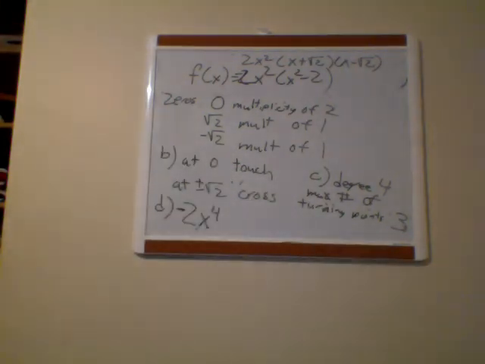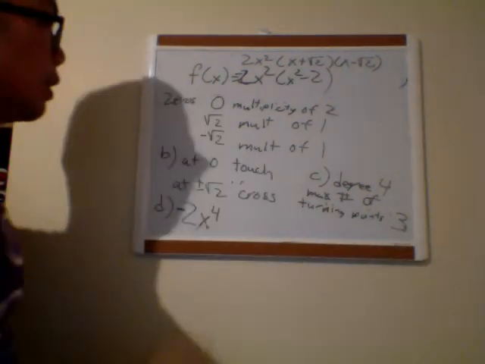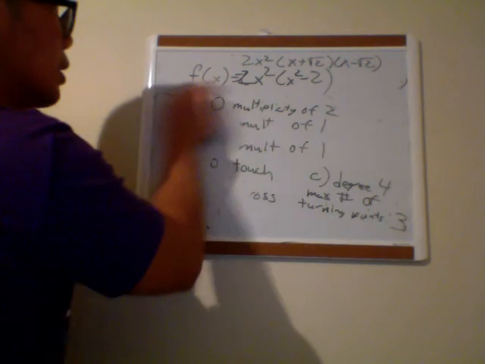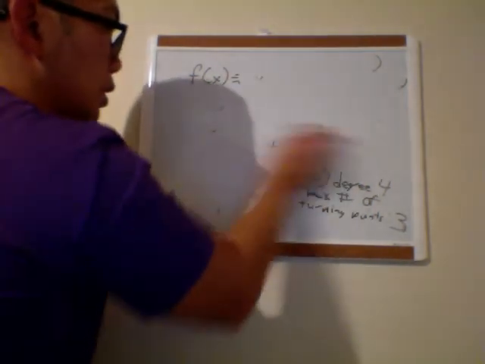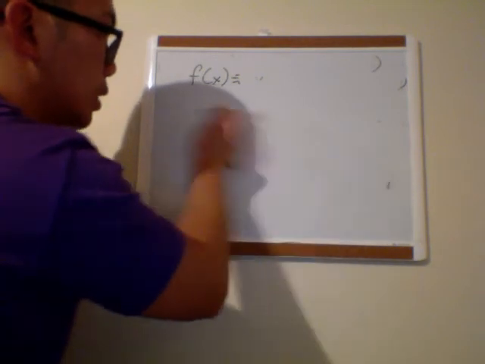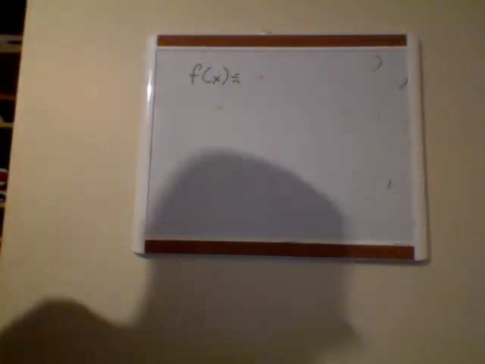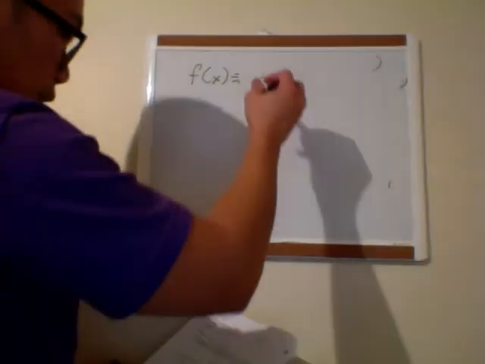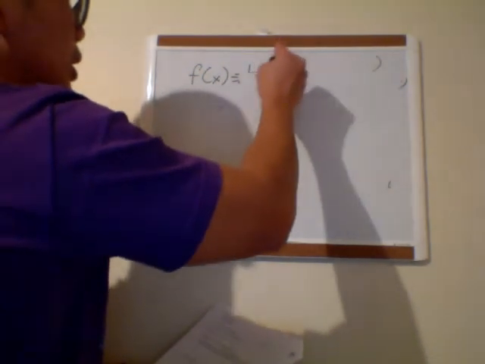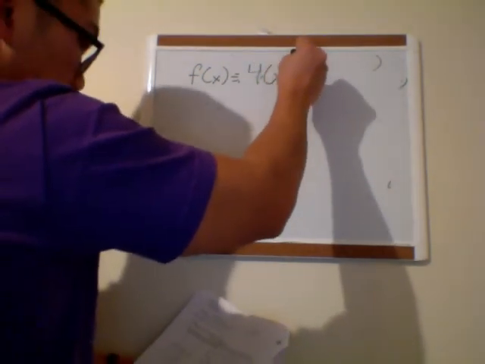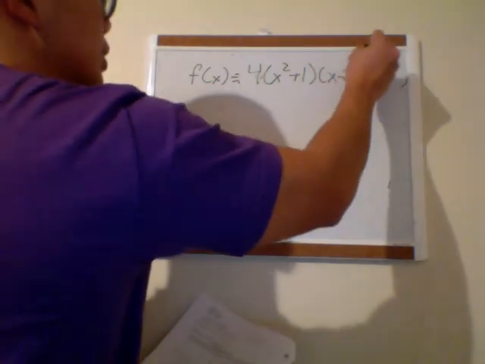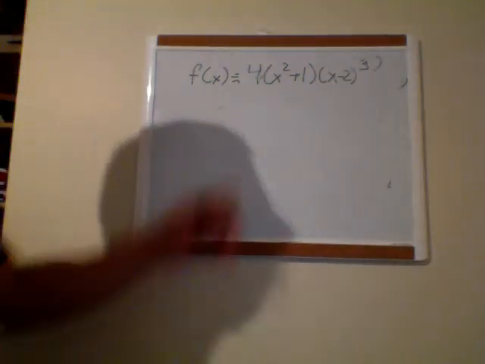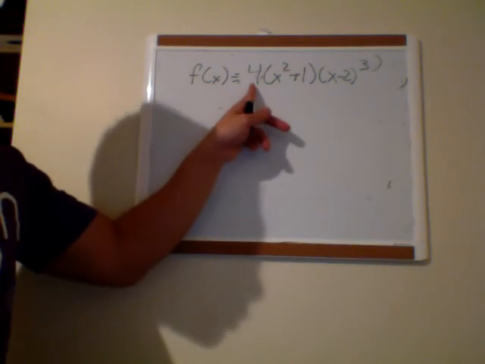Now, number 5, my function here is 4 times x squared plus 1 times x minus 2 to the third. Now, there's no x here, so there's no 0 here.